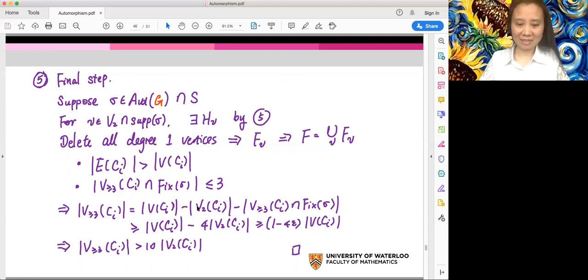And this is a small proportion over here because it's a kinetic subgraph with more edges than vertices, so it's big. Because it's big, the set of vertices with degree 2 is a small proportion.